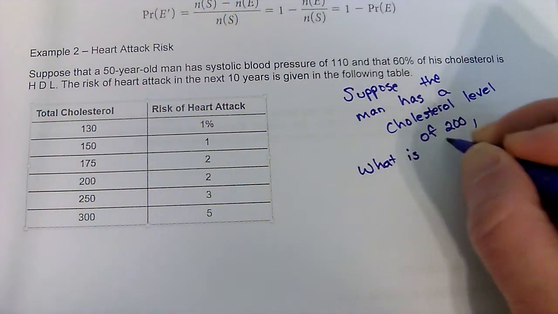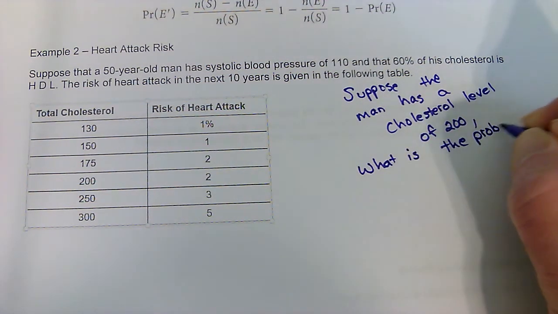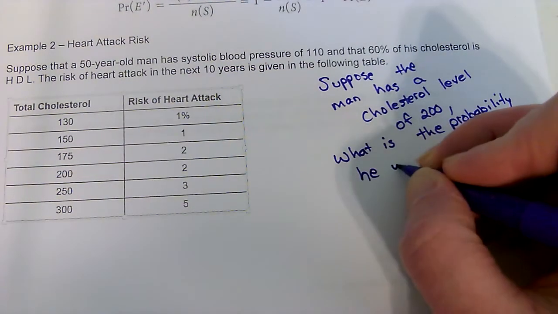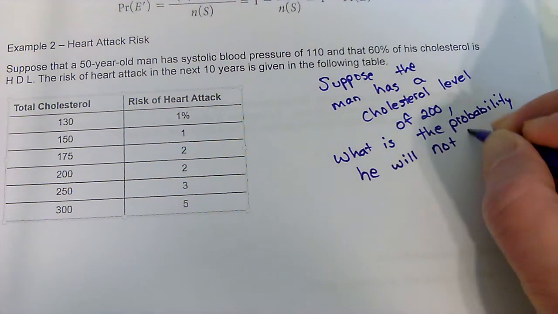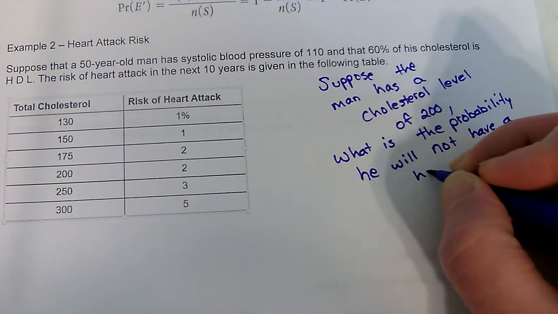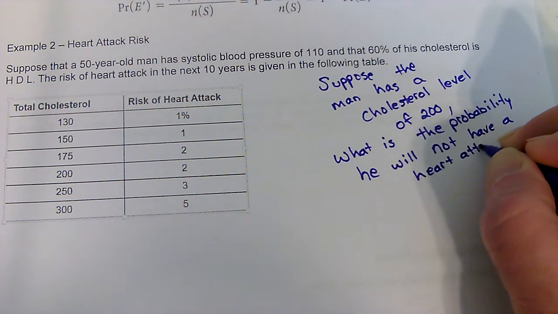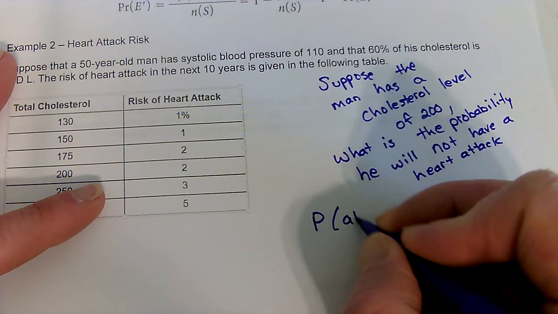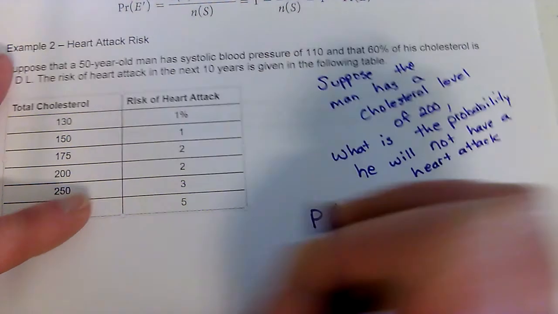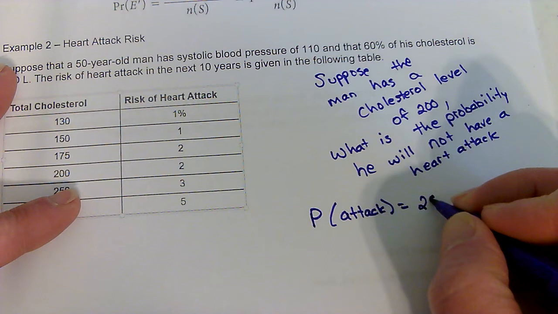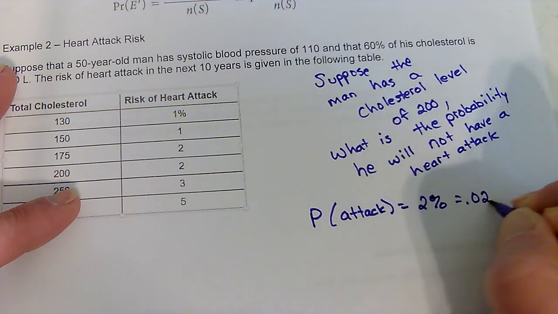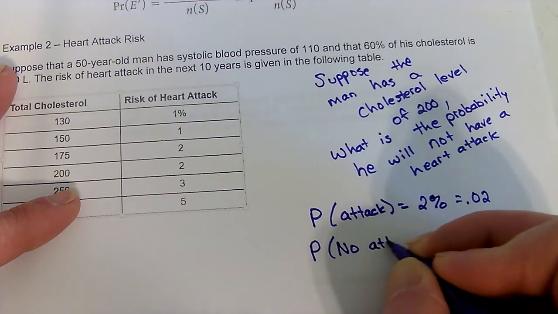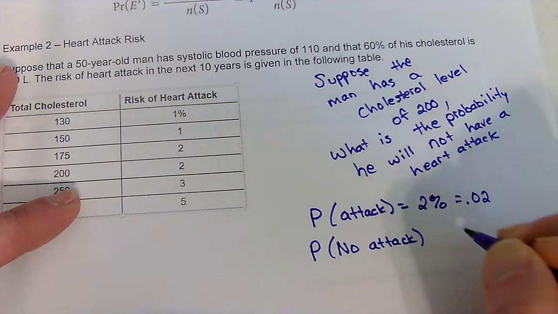What is the probability he will not have a heart attack? Well, the risk that he will have a heart attack, so the probability of having a heart attack, is 2%. So the probability of no attack would be 1 minus that.